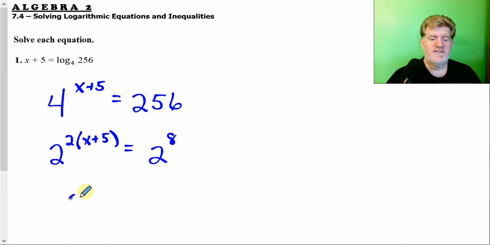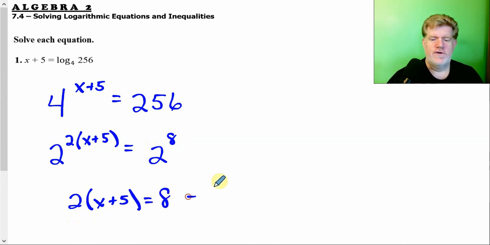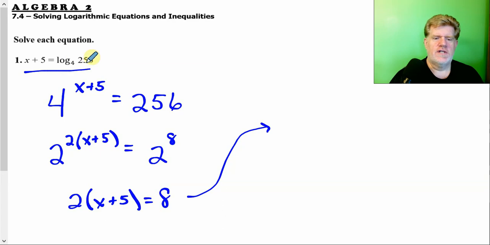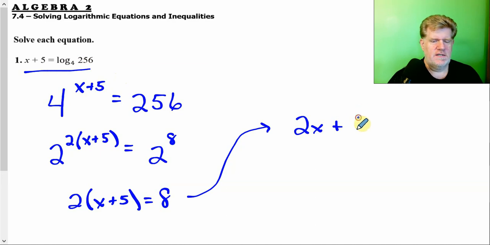So now the bases are the same, so I can set these exponents equal to each other. We've done these before. The only difference is we're starting with a log. We convert the log into an exponent, and then we solve. So we get 2x plus 10 equals 8.